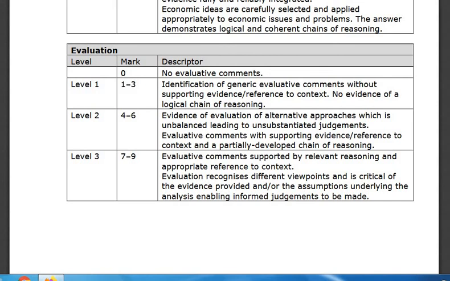Level 1, identification of generic evaluative comments without supporting evidence, reference to context, no evidence of a logical chain of reasoning. So this would be the student that goes, well, it all depends, there could be a time lag, or it depends on the magnitude of the interest rate change, or something lame like that. There's no logic chain there, and it's generic. So you're not going to do that unless you're absolutely desperate and you can't think of anything.